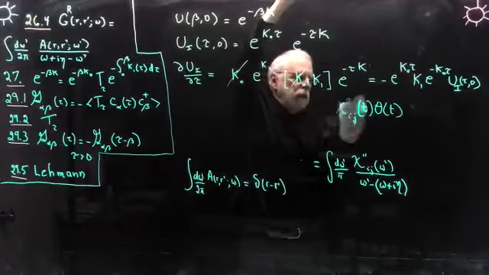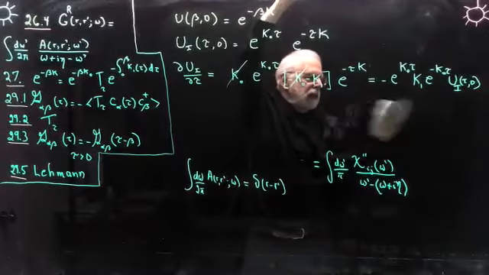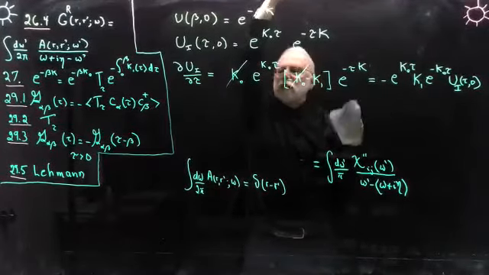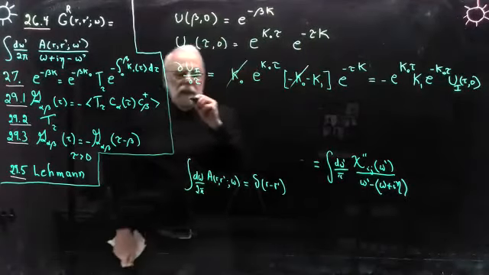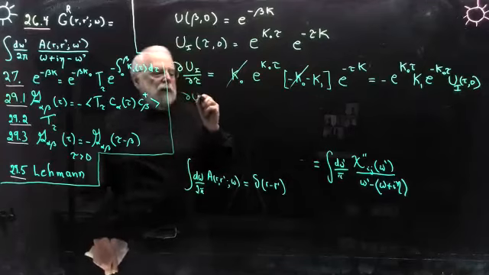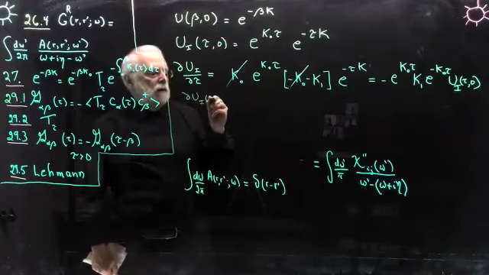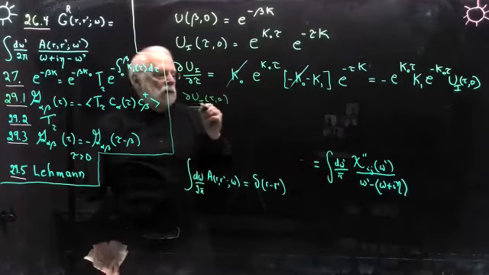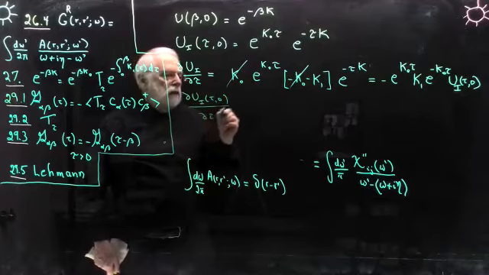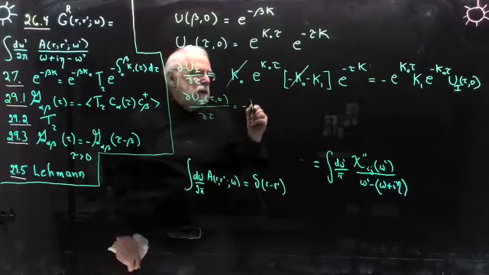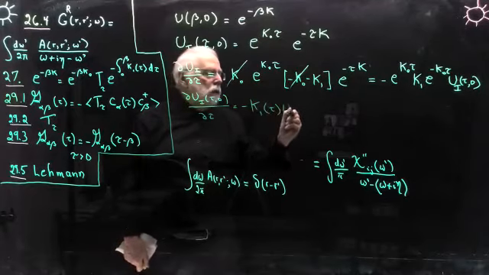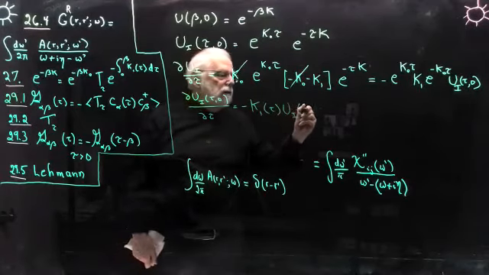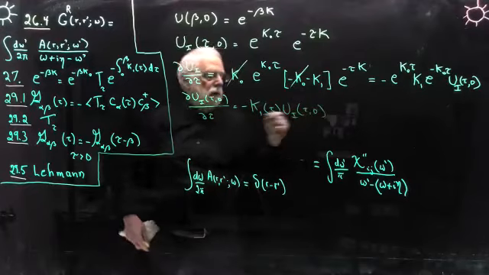So the equation of motion that I get for U_I is dU_I of tau 0 d tau is equal to minus K1 of tau times U_I of tau 0.